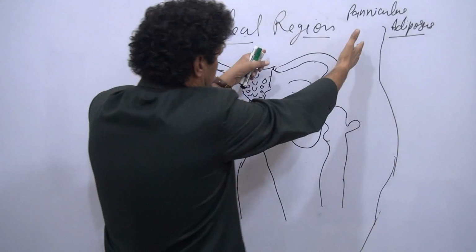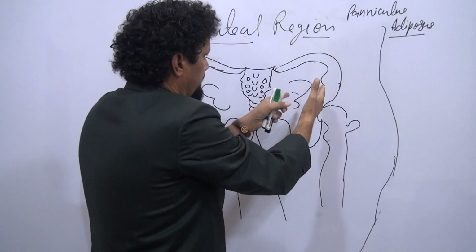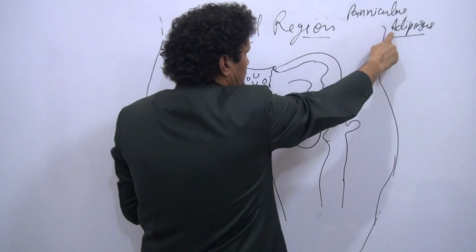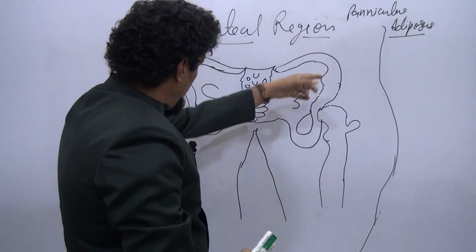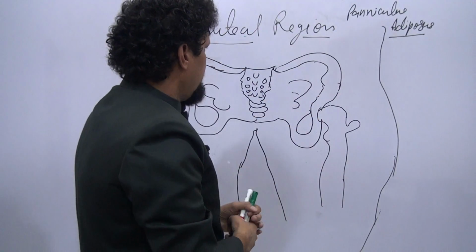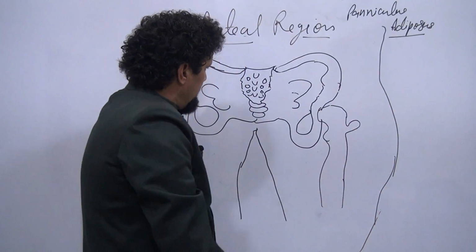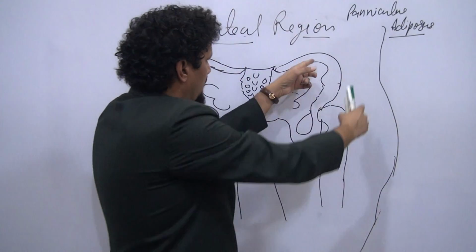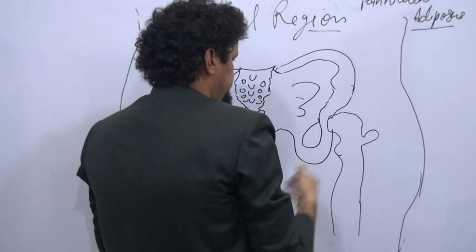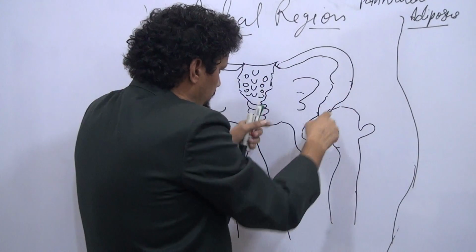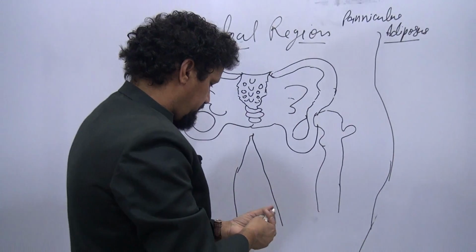So this part which is having prominence of the gluteal muscles and the thick layer of the panniculus adiposus forming the gluteal prominence, which is especially rounded or having round contour in women and girls. And this part posterior to the greater trochanter and anterior to the prominence of the buttock is the hip region.